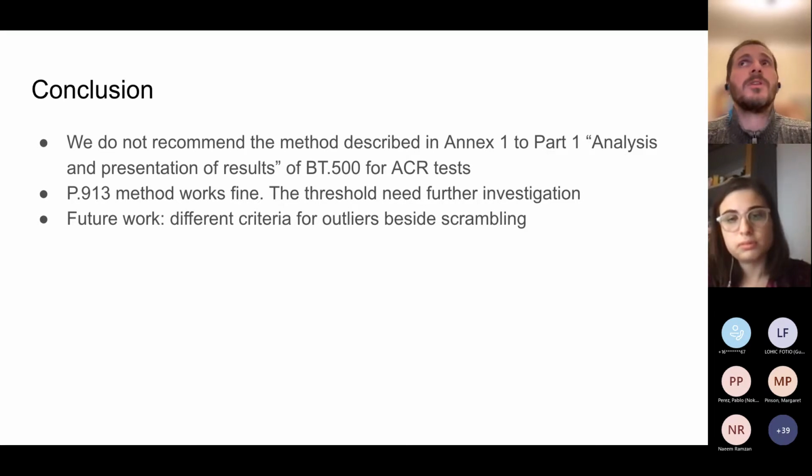So this was definitely our first thought, our first direction. The whole story here, pretty funny in my opinion, is that we just started from implementing the methods. We started from BT500 and wanted to test if our implementation is correct. And then we found out that actually scrambling doesn't really affect the method.